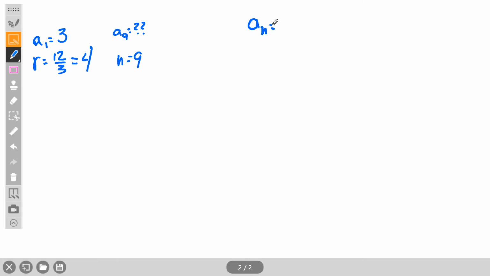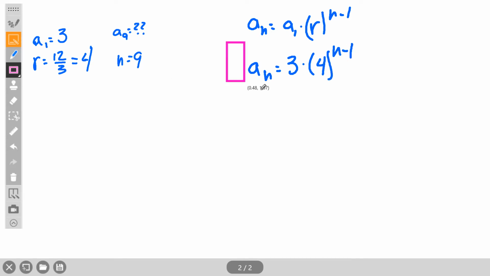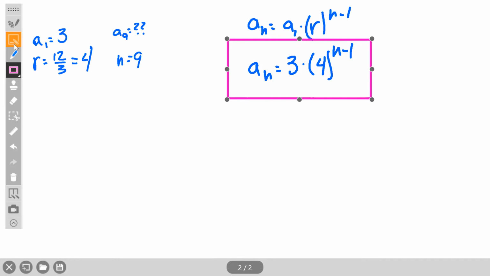So the formula: an equals a1 times r to the n minus 1. I need to replace a1 with 3 and r with 4. So I have an equals 3 times 4 to the n minus 1. All right, well remember I'm looking for the 9th term, n equals 9.